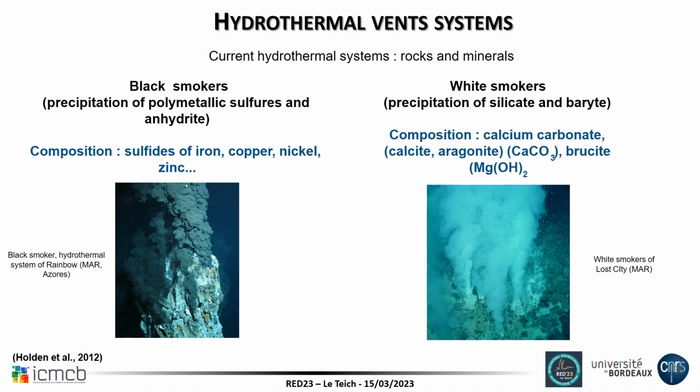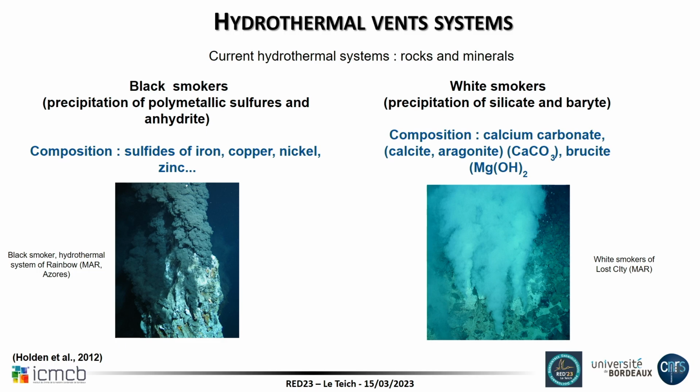and you can define different types of smokers, either what we call black smokers, mostly made of sulfide and anhydrite. Anhydrite is mostly found in black smokers that are pretty young, and then iron sulfide or copper sulfide and so on.